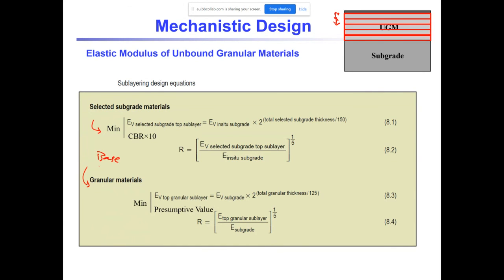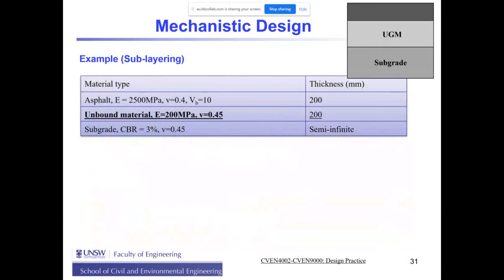For base and sub-base, these are the equations that you need to use. And for the selected or improved subgrade materials, these are the equations that you need to use. So I'm going to show you how we can use these equations in an example. It would be easier.